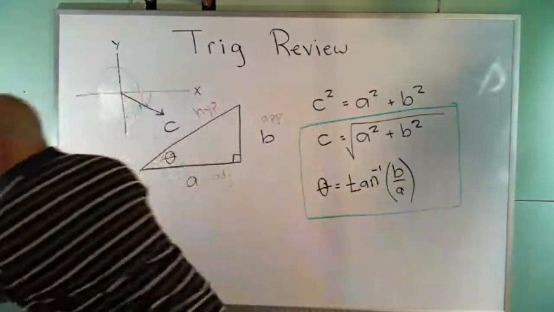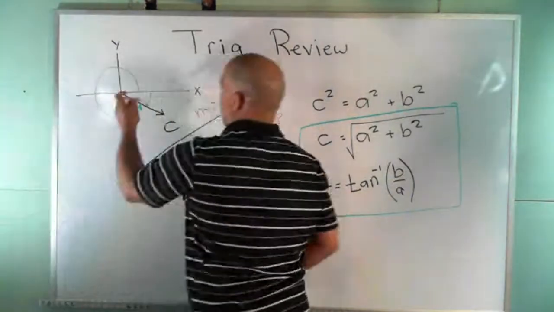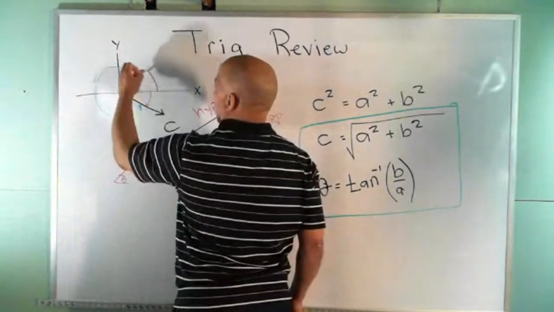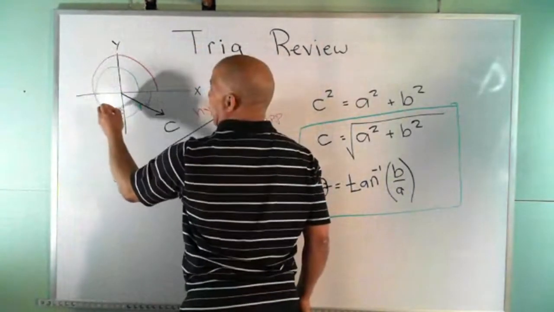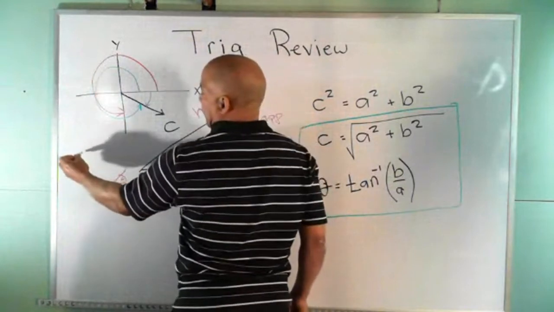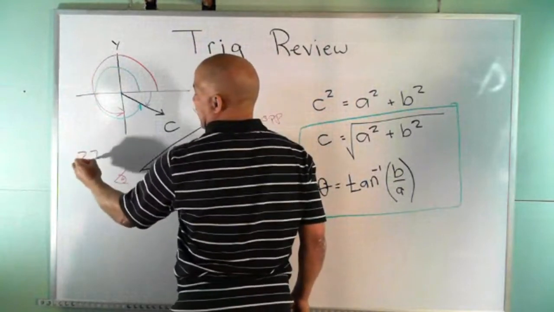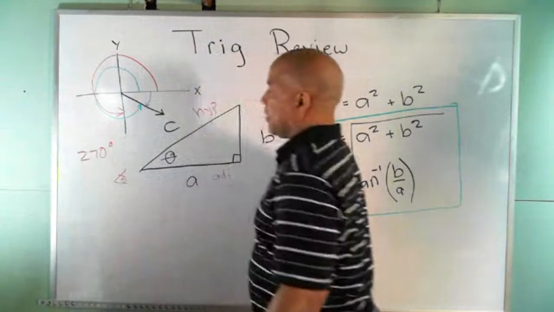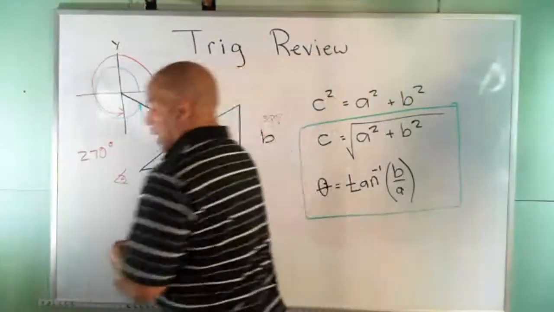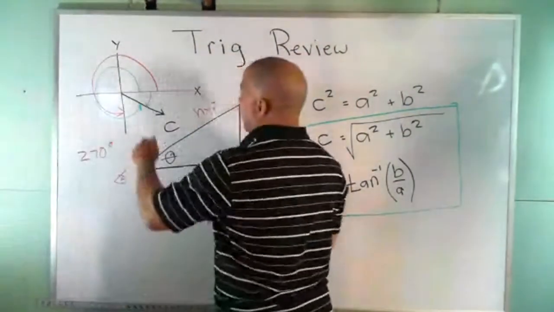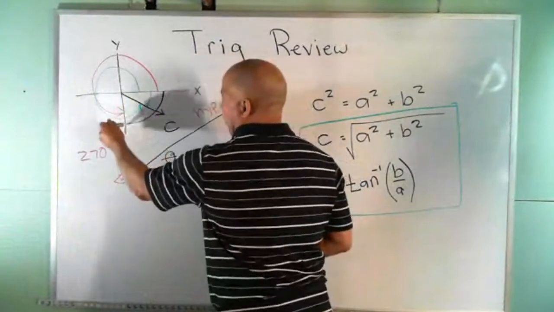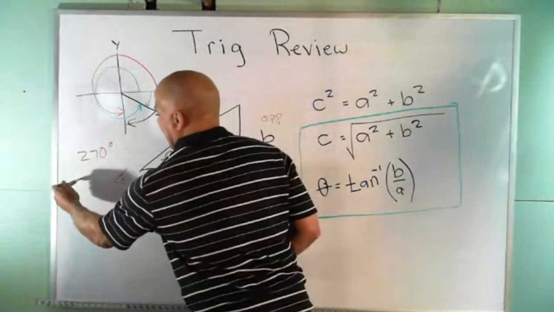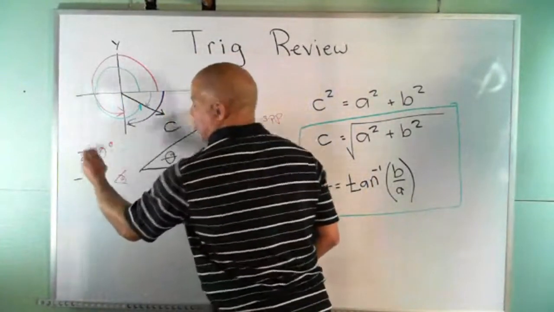So if I start right here and I go around and I stop right there, I can write that as 270 degrees. But if I went the other way to get to the same point, then I write that as negative 90 degrees. And they're really the same.